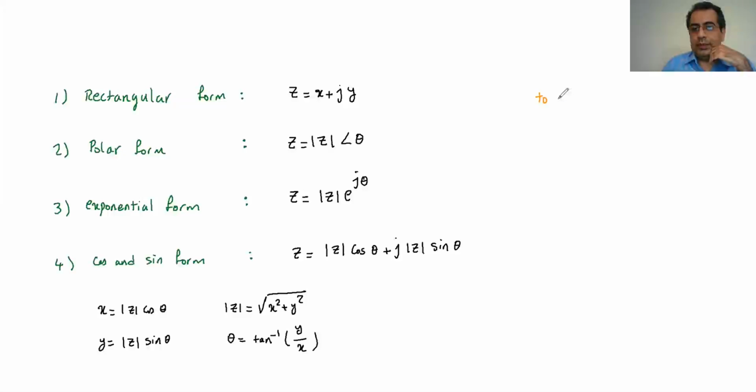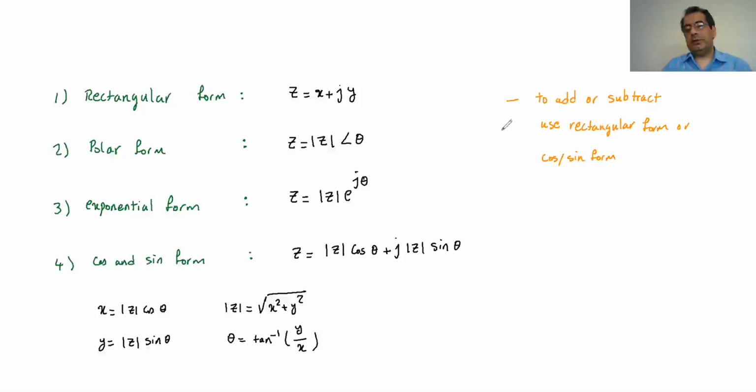To add or subtract, use rectangular form or this one, cosine sine form. Use rectangular form or cosine sine form. So to add and subtract, do that.